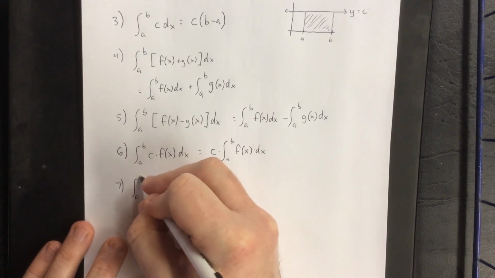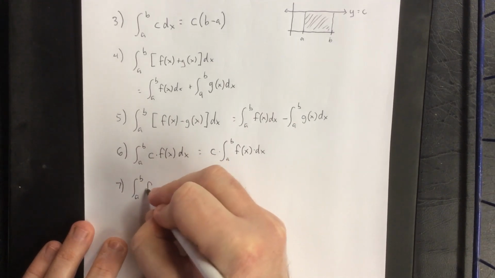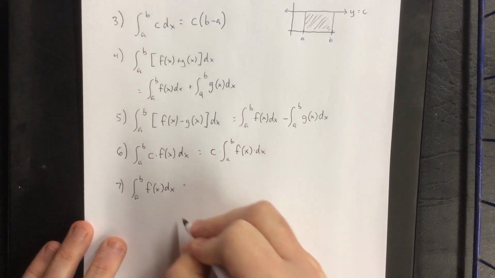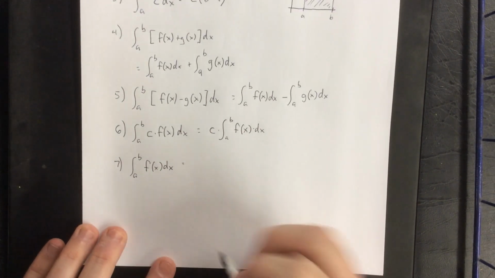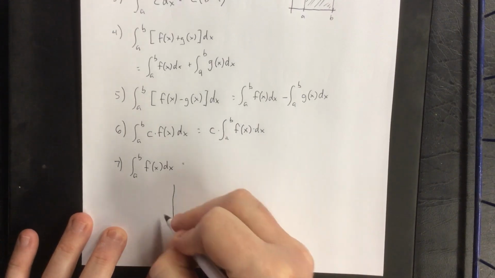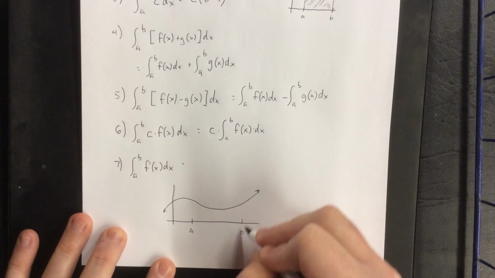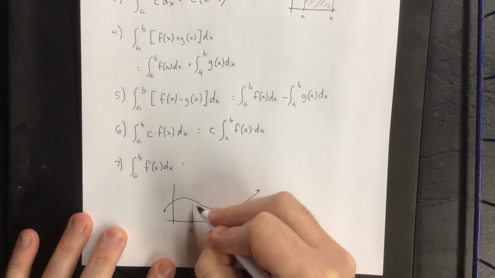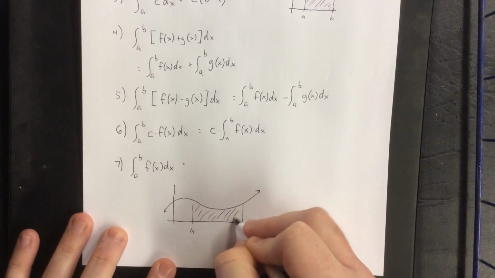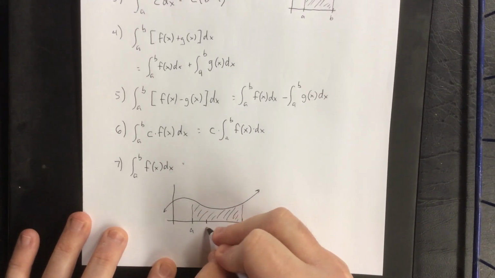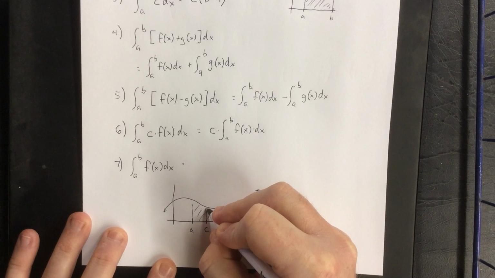says, suppose that you want to consider the definite integral from a to b of f of x dx. Now we should have a pretty good picture of what that looks like. Generic looking function here, a to b. We're looking for all of the area underneath the function. Now suppose, for the sake of argument, that there is another number, c, somewhere in the middle of this interval.